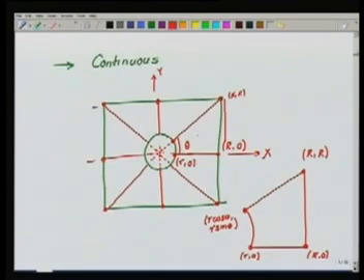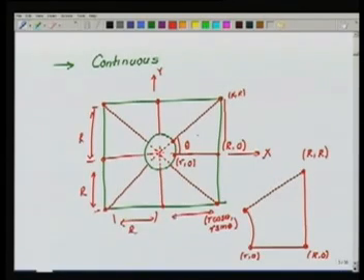So let's say this distance is R, this is also R, and this is R. Okay, so we have these coordinates.